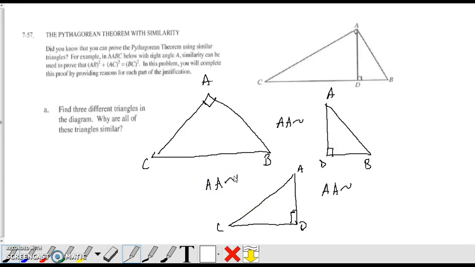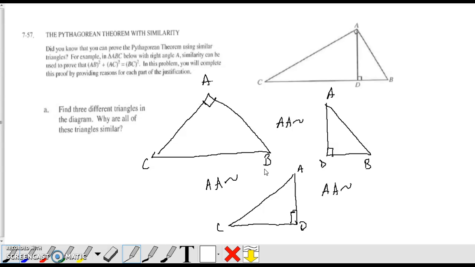So all of these have at least two angles in common. That way we can figure out what is happening, right? So again, it's all AA similarities.